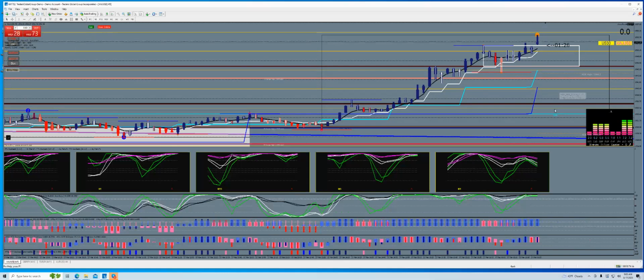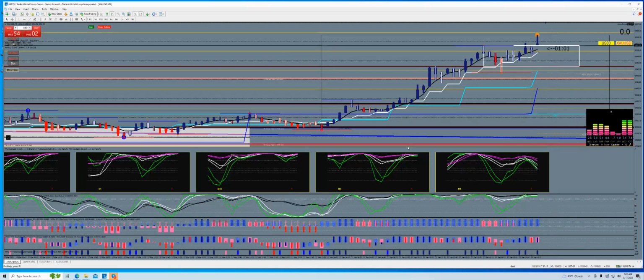It can easily come back down and finish the day back where it started. Back to the previous day high. Retouch the previous day high. You know what? I might. It's 903.